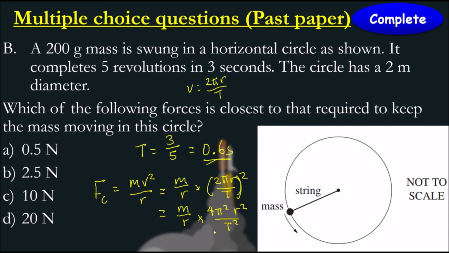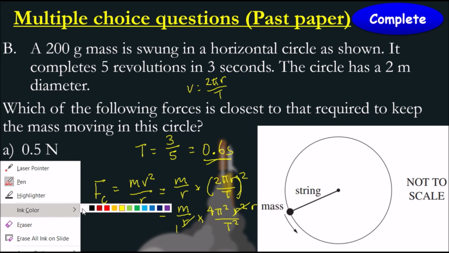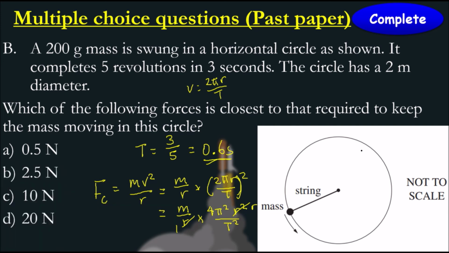This is the equation we end up with. So this r squared is going to become r because it cancels with this r here. And then everything is already there for you. So the final equation you get is 4 m pi squared times r over T squared.